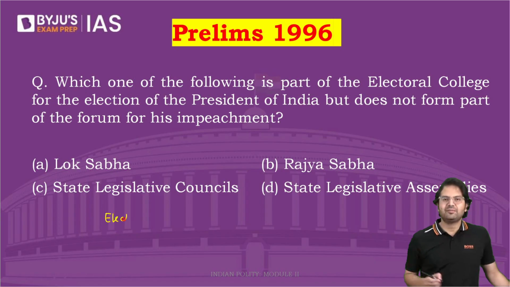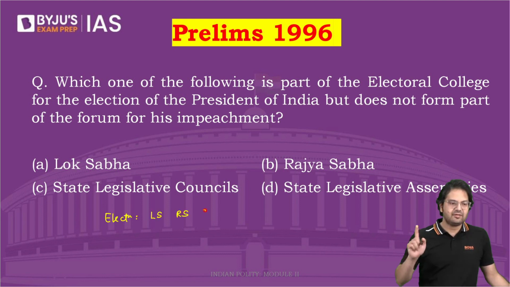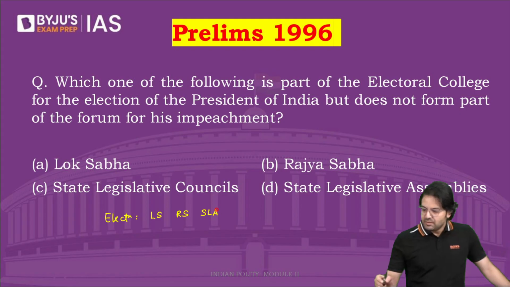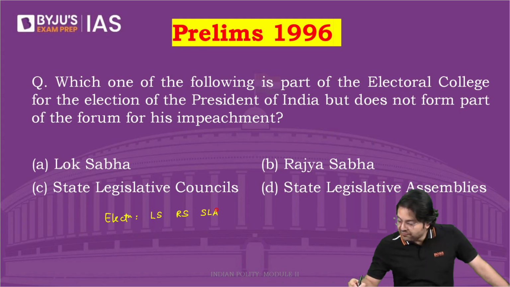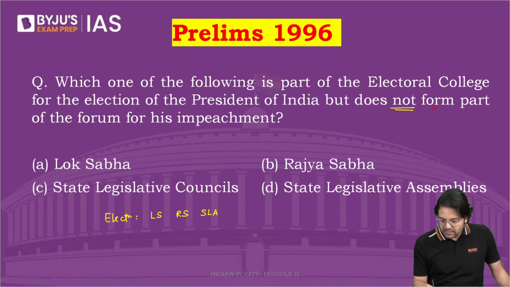For election, who takes part? Lok Sabha, Rajya Sabha, State Legislative Assembly. Yes or no? Everyone clear? Now, but does not form the forum for his impeachment. Now, who takes part in the impeachment procedure? Please tell me.